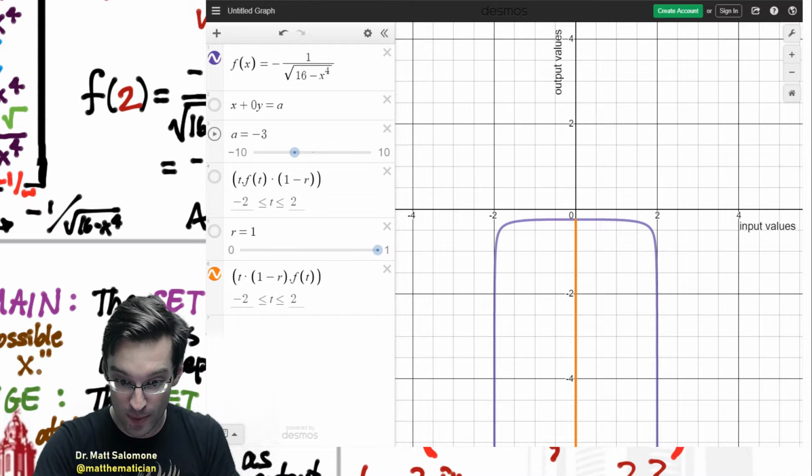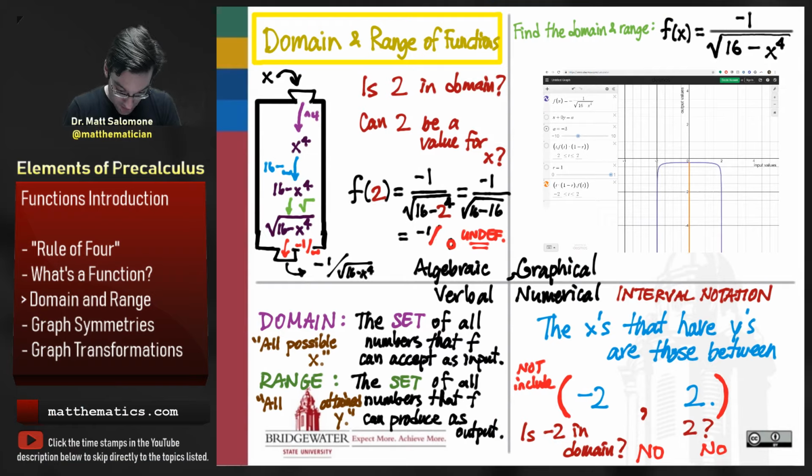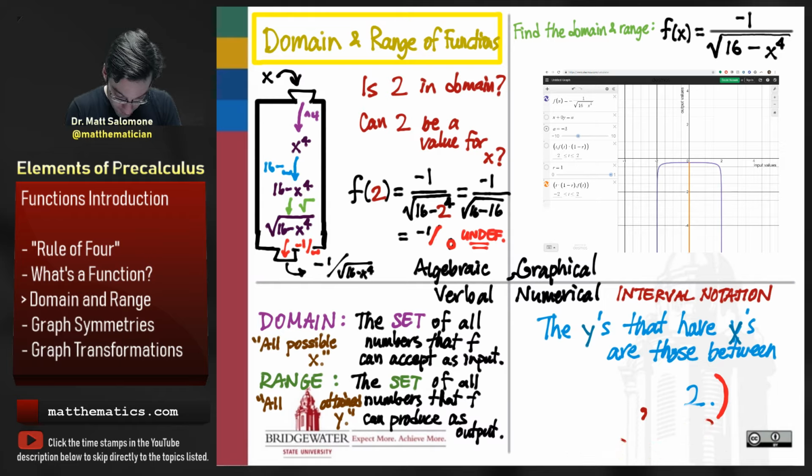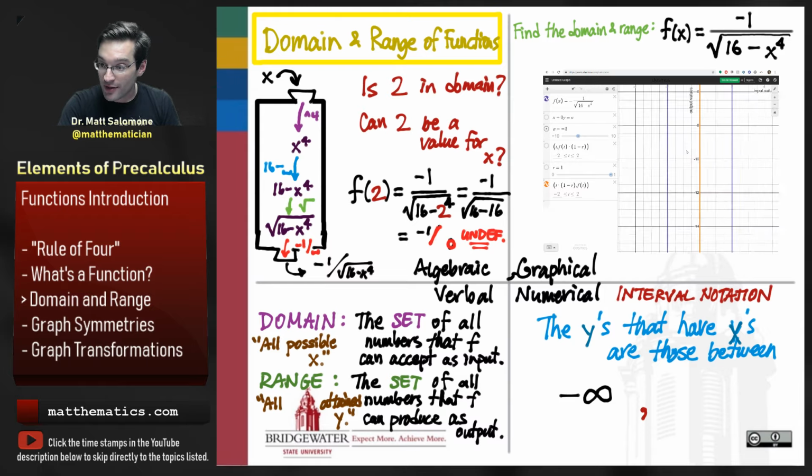So let's go back to our sketch here. If I want to know the y's that get realized as output values of this function, you can think of it also as the y's that have x's. They have no lower limit whatsoever. And so in my interval notation, I'm going to use the symbol negative infinity to represent that the range, the y values for my graph, they never end.